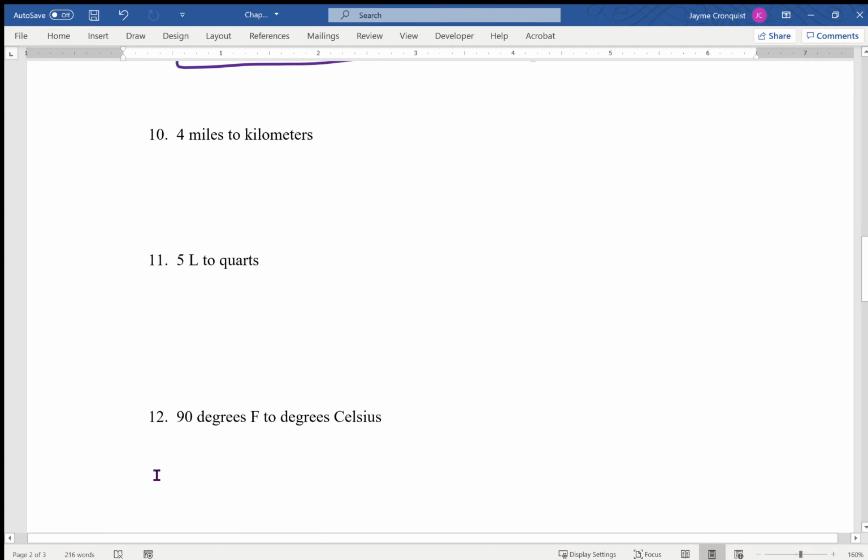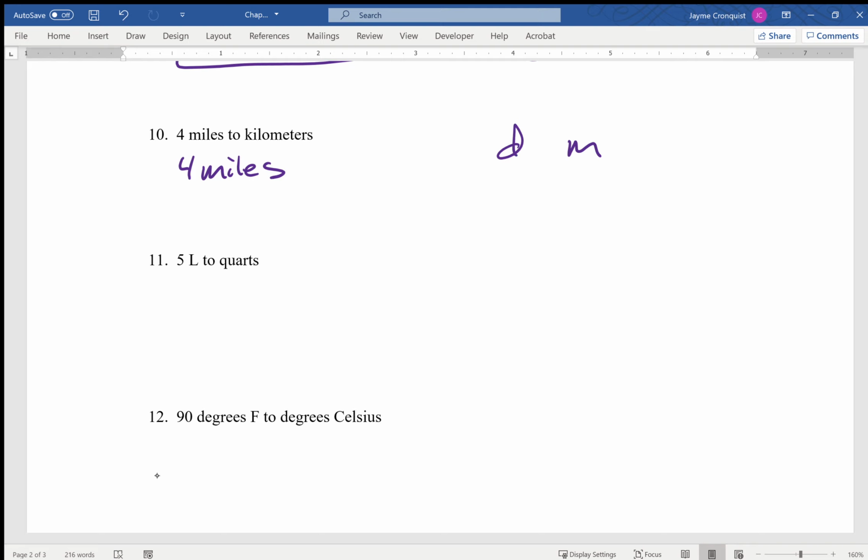4 miles to kilometers. Well, we had meters. Oh, sorry, we're going to have to convert. Okay, let's first convert the miles. So let's see, 1 mile is 1.6093 kilometers. Okay, so we multiply those.